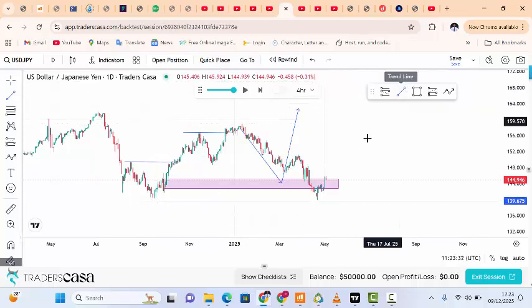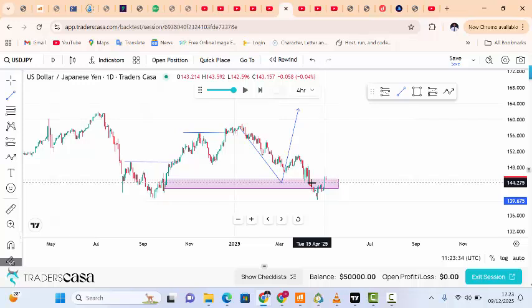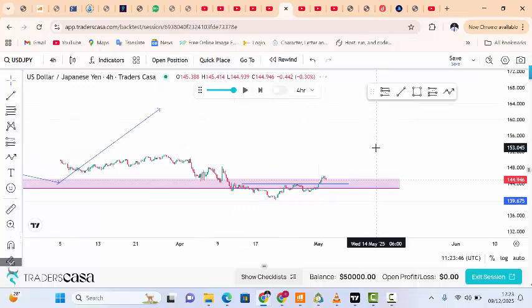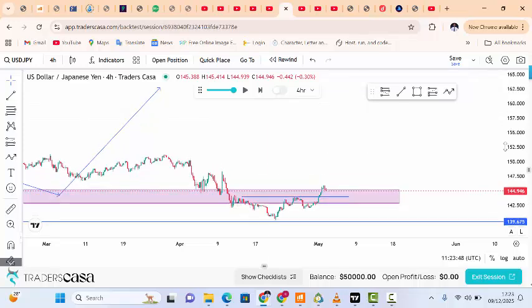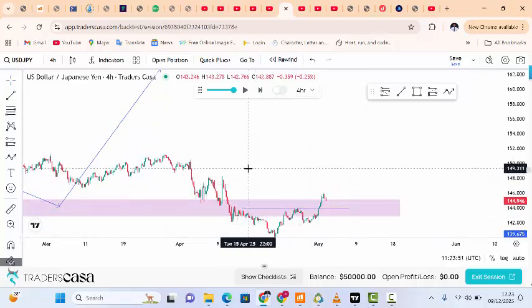Now inside here we have a market structure shift to the upside. You know, it forms a low, pulls back. This forms another low. It took out this place. We have a market structure shift to the upside, right? Now I'm going to come back to 4 hour because this trade is still valid. So you can see what I'm saying, right?